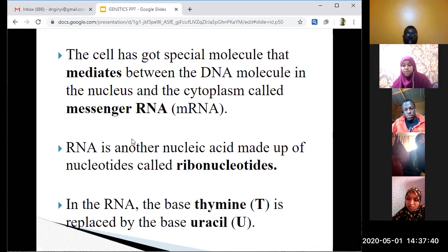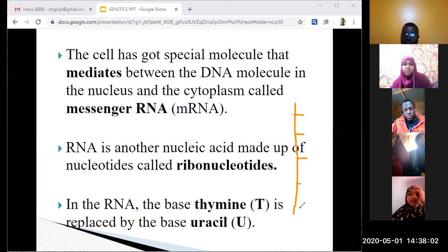So where we have adenine, it will not pair with thymine. We don't have thymine in a messenger RNA. Messenger RNA, we are saying it is just a single strand with organic bases.